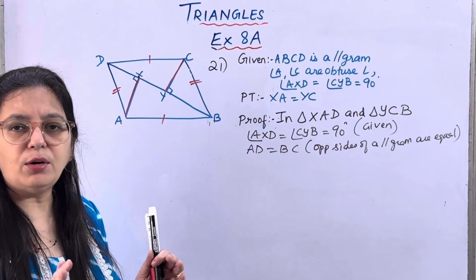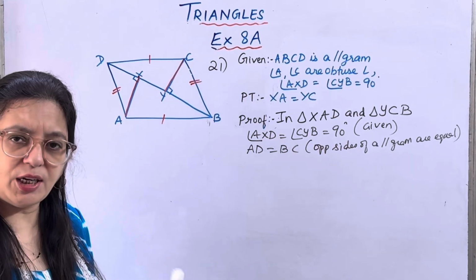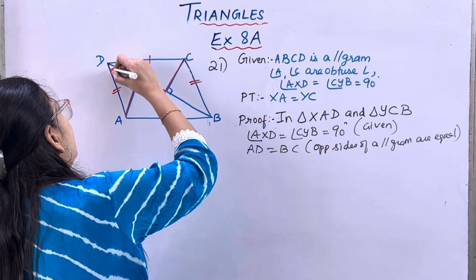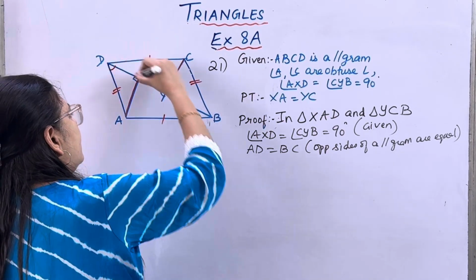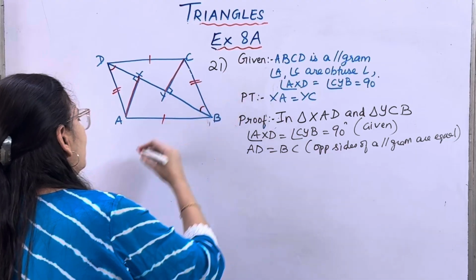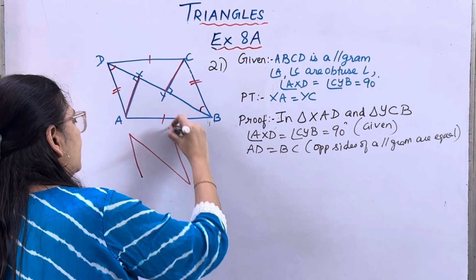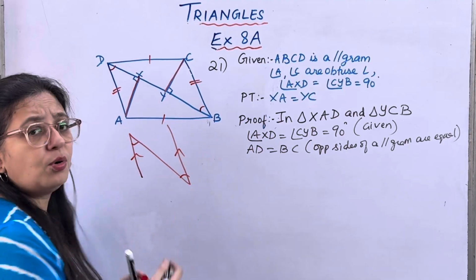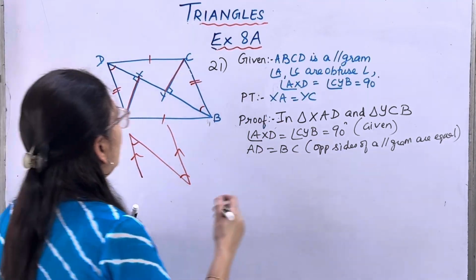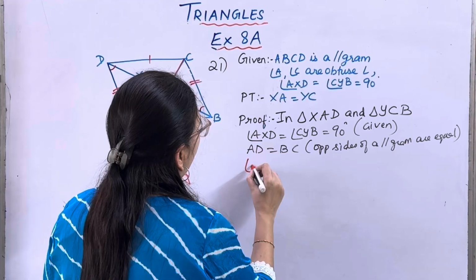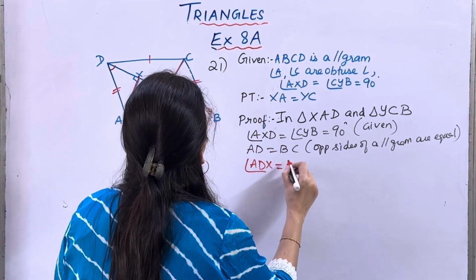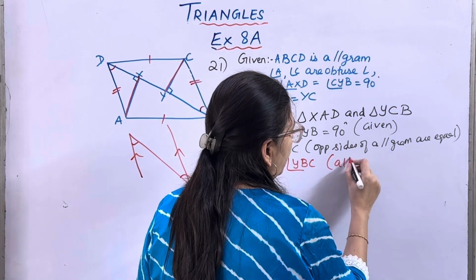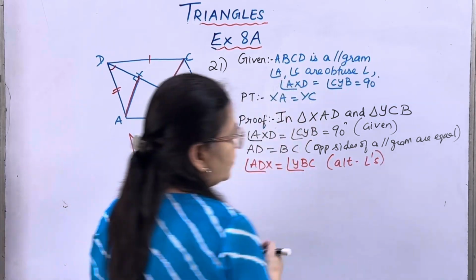Now, in a parallelogram, the opposite sides are equal as well as parallel. So, we can say that this angle will be equal to this angle. See, I am drawing a Z. Since this is parallel to this, these two angles will also be equal. So, we can say angle ADX will be equal to angle YBC. What is the reason? Alternate angles. Correct?